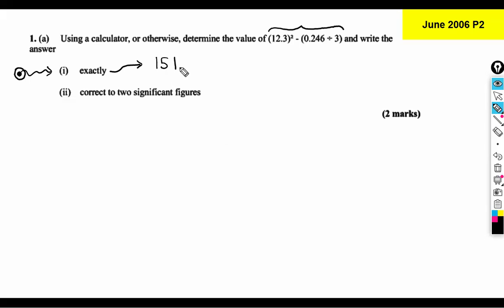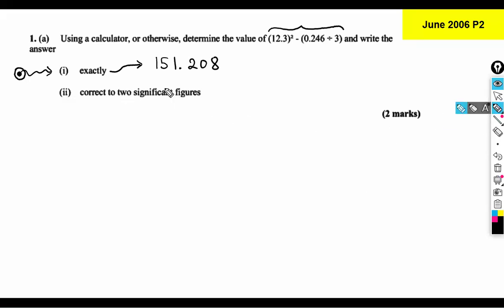And from watching through the answers, most people got it correct, okay? Most people got it correct. Now I'm trying to figure out why some people got this wrong, right? Just checking it back here, right? Minus 0.246 divided by 3.